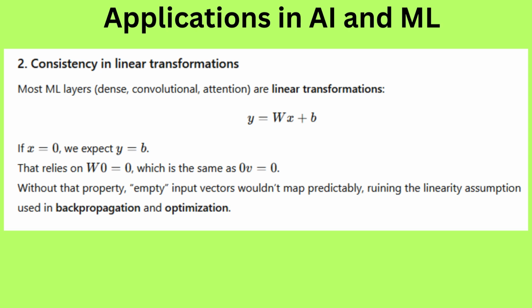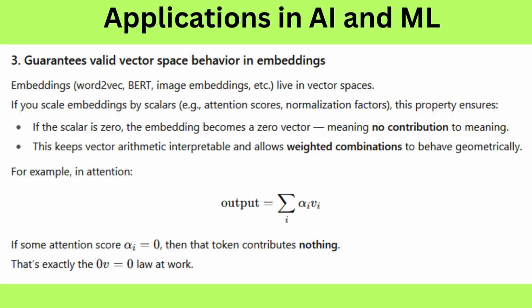That relies on this particular concept, which is the same as what we've just proven. Without that property, empty input vectors wouldn't map predictably, ruining the linearity assumption used in backpropagation and optimization. It would cease to be a straight line, which doesn't help us in these situations.